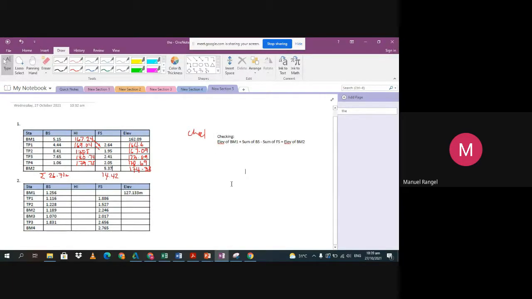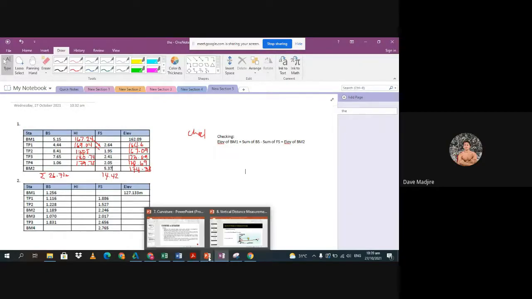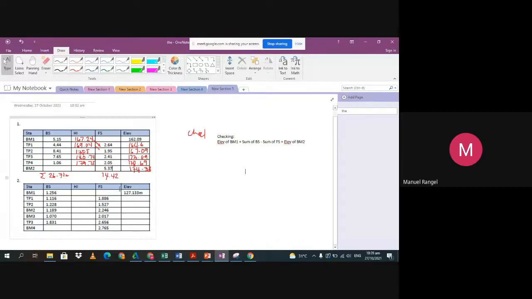Okay, for number 2, that would be your assignment to be submitted sa Canvas. So you will fill out itong mga nasa column. Assignment number 6, sir? When ang due, sir?